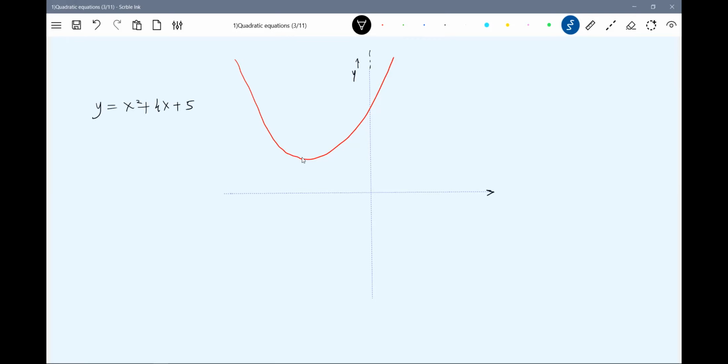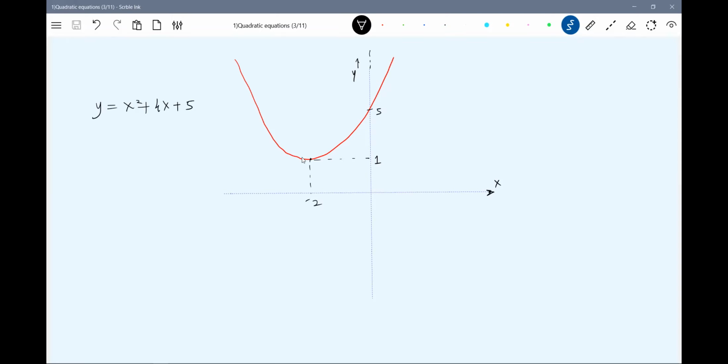This is the x-axis. Now know exactly what this location is. It will be x equal to -2, the point, and this is 1. And this will be x equal to 0. Here y will be 5. Look again, the curve got shifted towards the left. It is not intersecting.